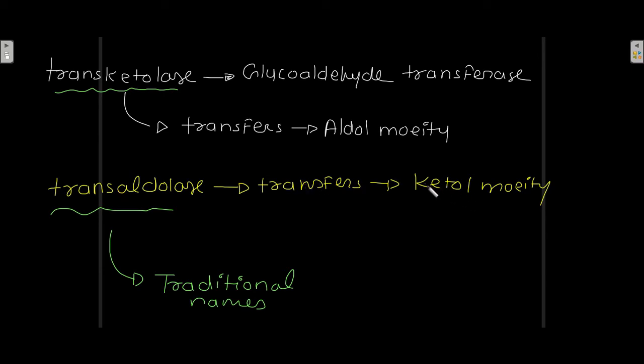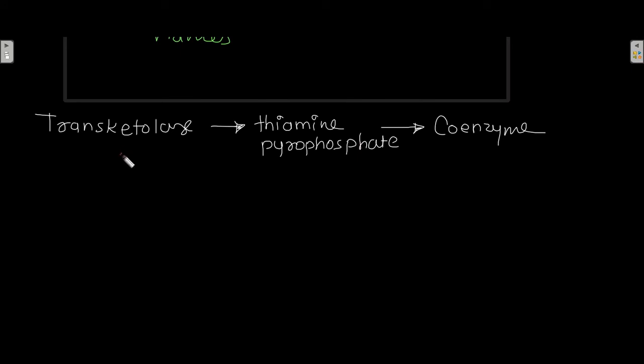But we are using traditional names, so that is the reason why they are not changed. But you should remember this, that transketolase transfers aldol moiety and transaldolase transfers ketol moiety. Now the enzyme transketolase has thiamine pyrophosphate as coenzyme. The coenzyme of the transketolase is thiamine pyrophosphate.